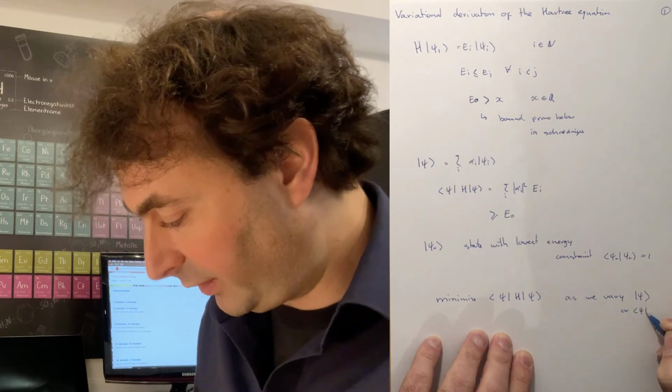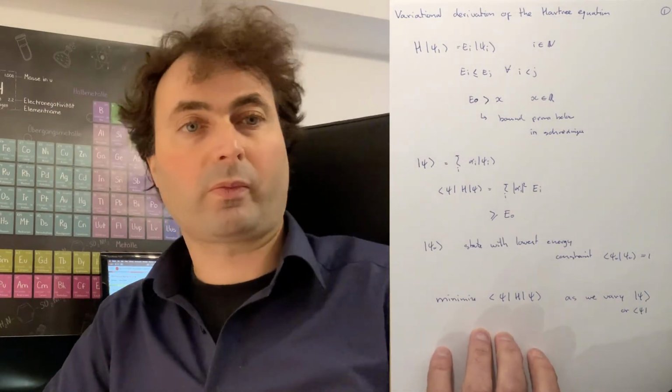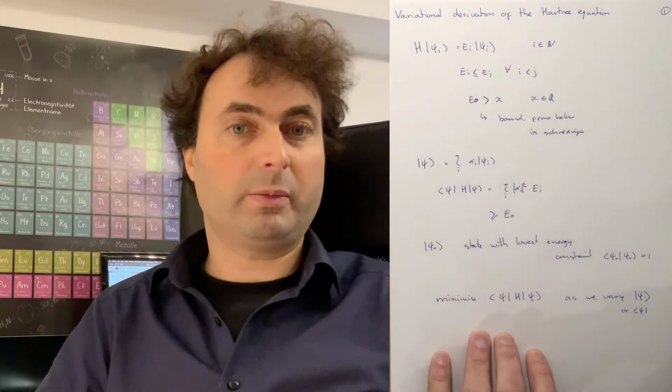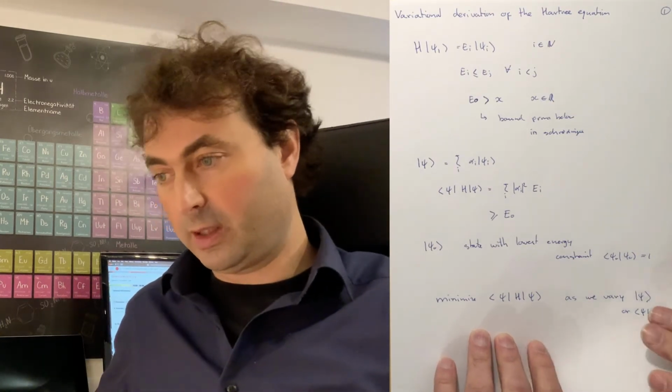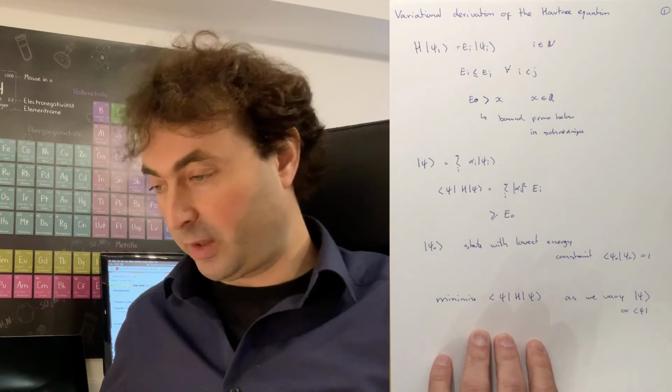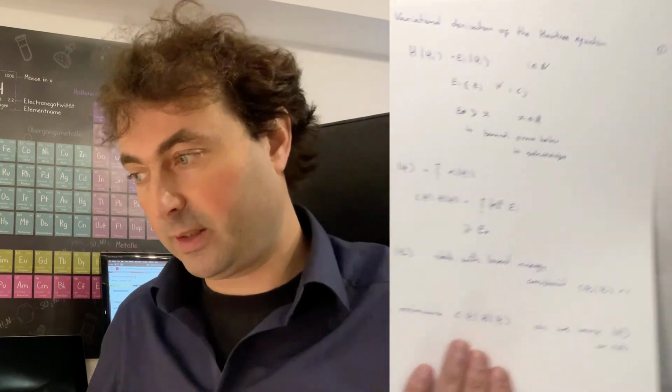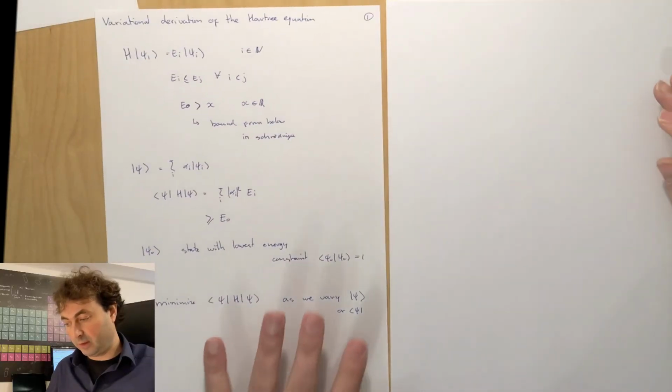And we can either vary the bra or the ket wave function. You can vary the real and the imaginary part of your wave function, or the wave function and its complex conjugate. So we are able to treat psi in bra and ket as different states when we do the variation.